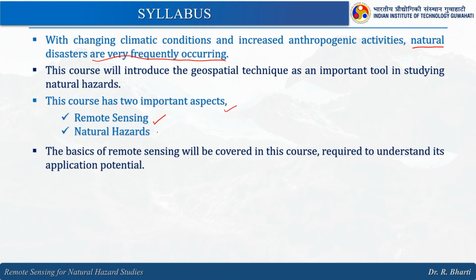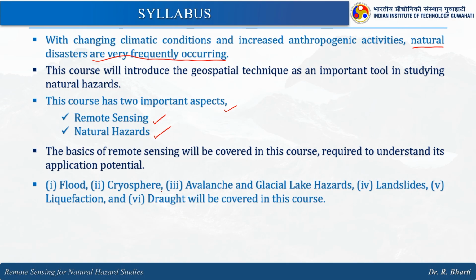First one is remote sensing. The second one is natural hazards. The basics of remote sensing will be covered in this course, required to understand its application potential. Flood, cryosphere, avalanche, glacial lake hazard, landslide, liquefaction, drought, these kinds of hazards will be covered in this particular course.